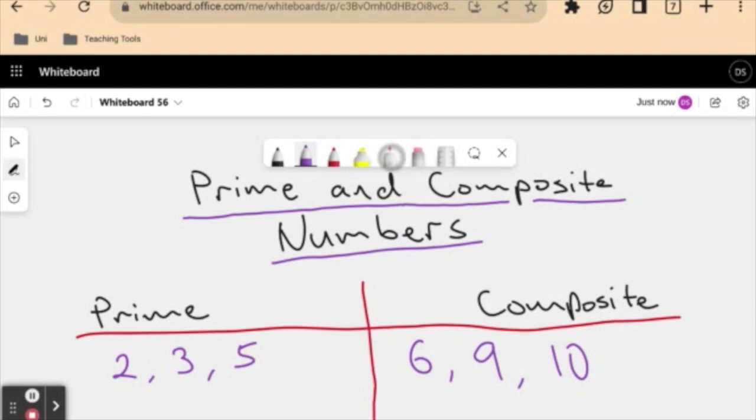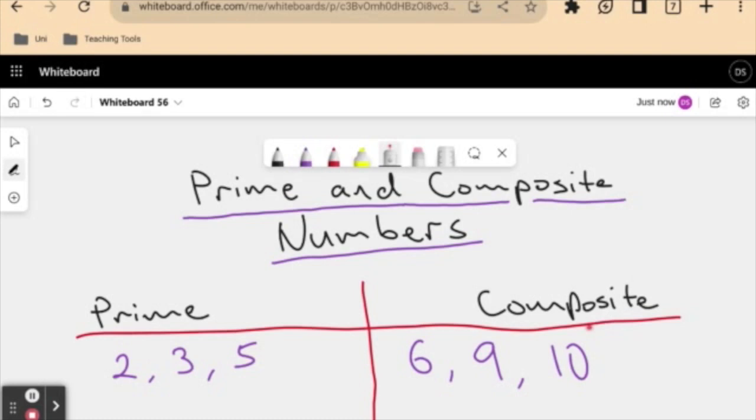You'll notice that these numbers have factors of 1 and 6, 1 and 9, 1 and 10, in the same way that prime numbers do, but they have extra factors that can multiply together to make up these numbers. To get 6, we can multiply 3 and 2. To get 9, we can multiply 3 by 3. And 10, we can multiply 5 by 2. So that's how we can classify these types of numbers.